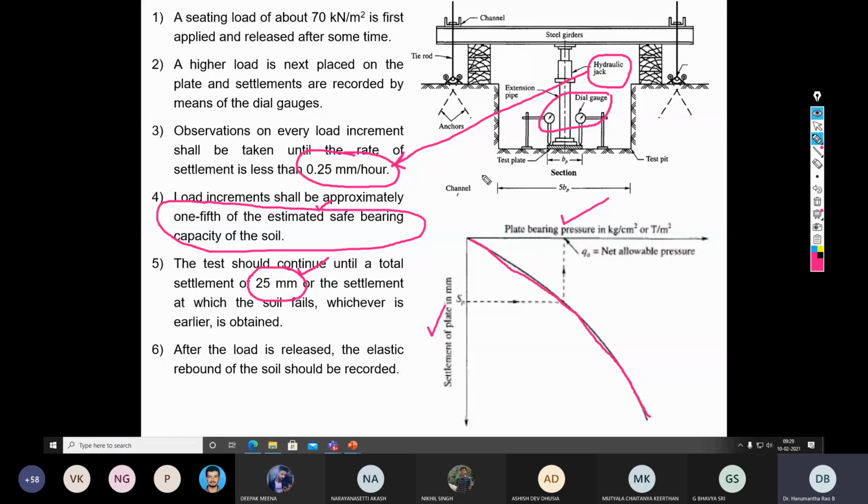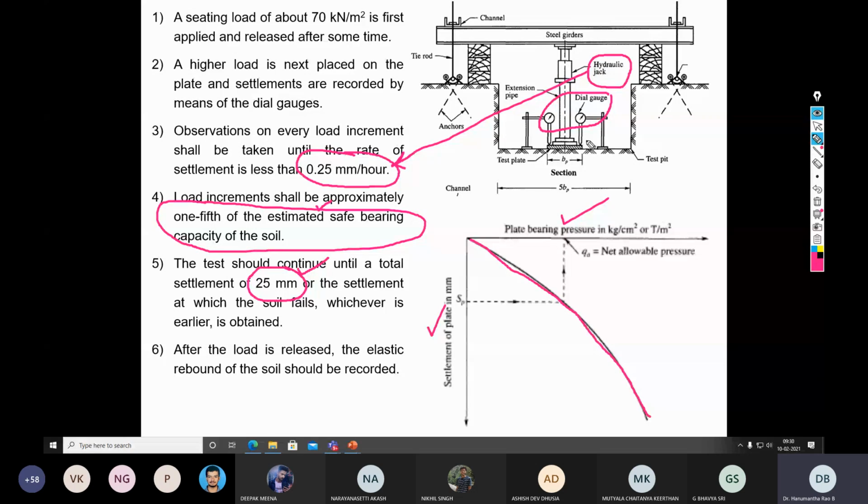So you need to continue the plate load test under two circumstances: one is until you achieve the desired settlement, or alternatively until the soil fails under shearing condition. Whichever happens first, at that stage you need to terminate the plate load test.